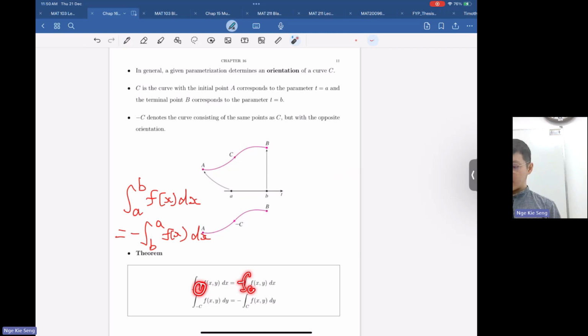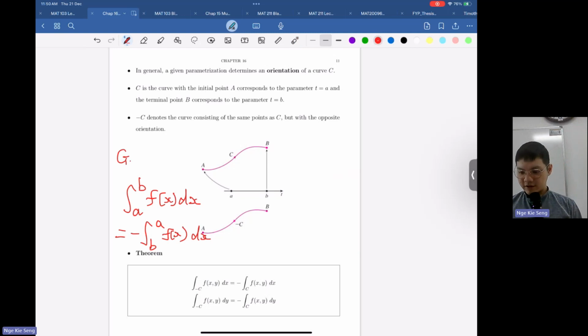So minus C means what? I go to the different direction of C. Okay, if I say minus C. Does it make sense? Okay, so this is a generalization.